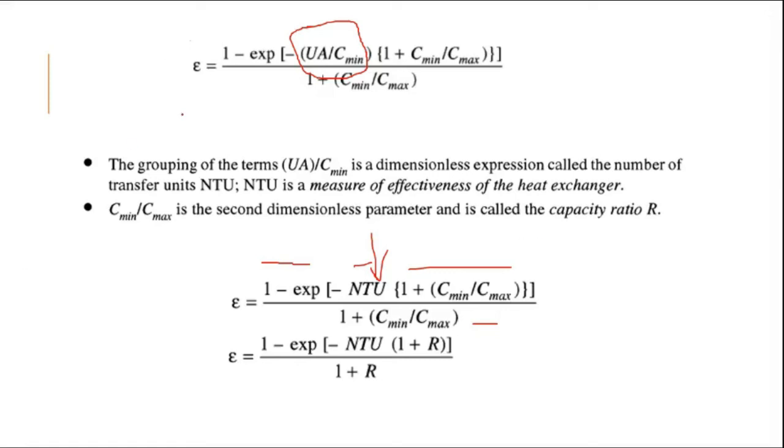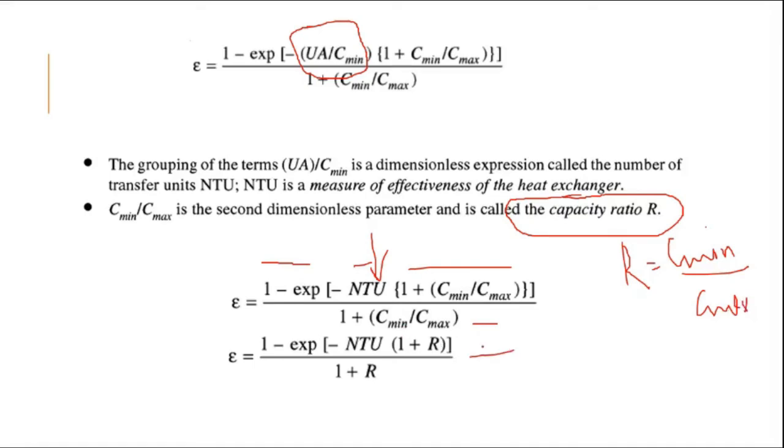Since the term C min by C max is repeating itself, instead of writing it again and again, we give it a name. It is the ratio of minimum heat capacity to maximum heat capacity, and the ratio is called capacity ratio. So this R value is taken as C min divided by C max, and the same thing has been substituted in the relation over here.